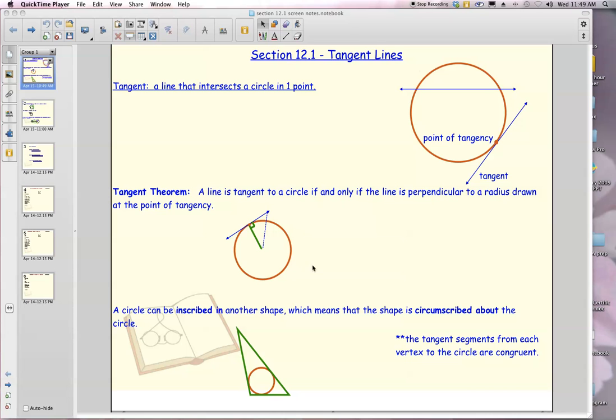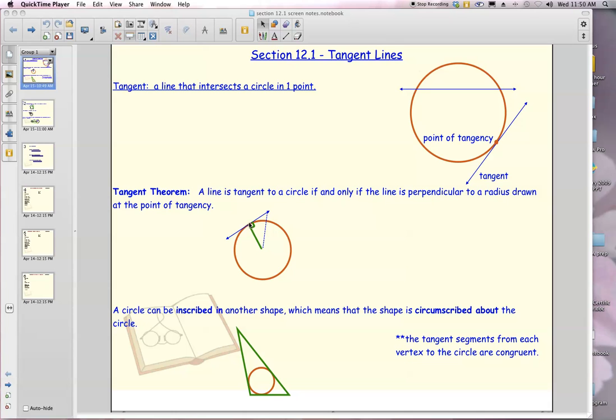Some things that we know about our circles if tangents are involved. A tangent is a line to a circle. So in other words, this blue line would be a tangent to a circle if and only if, so that means it has to be true, the line is perpendicular to the radius.